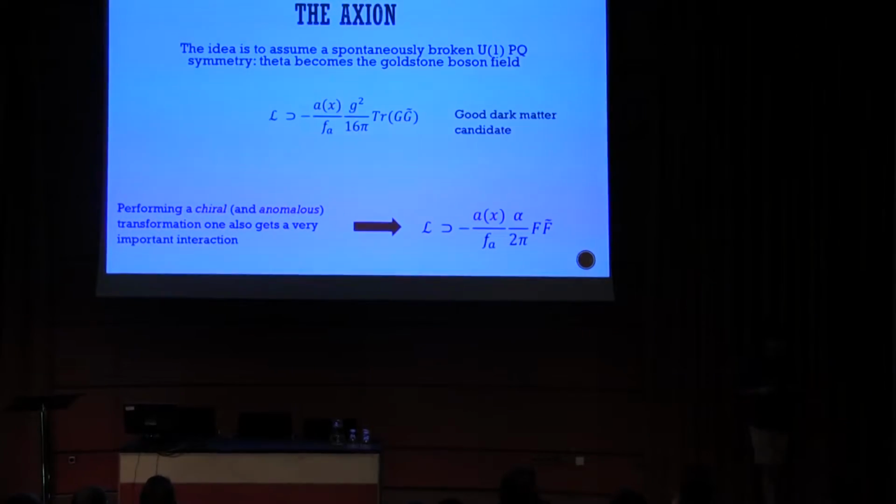For the two ideas I will discuss, the fact that it's a dark matter candidate is crucial. It's also crucial that if you perform a chiral transformation, you can end up with a coupling of the axion not to a gluon, but to a photon. So in both techniques, I will use the coupling with a photon.